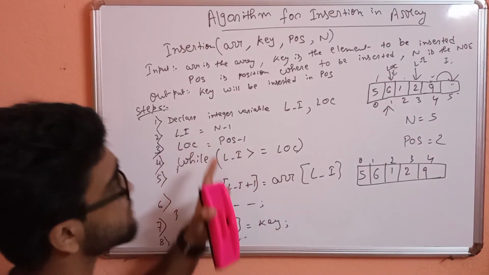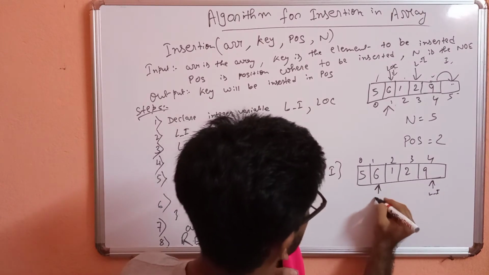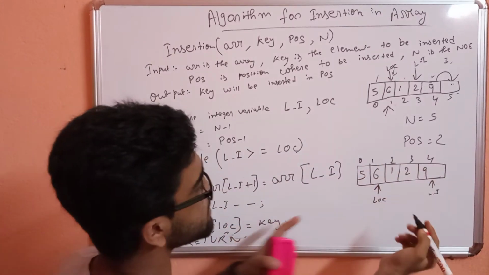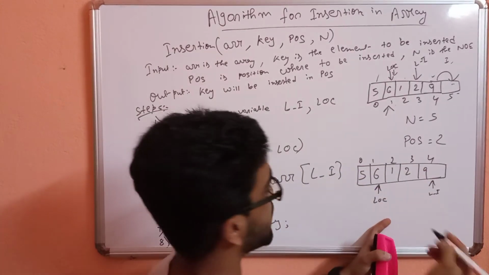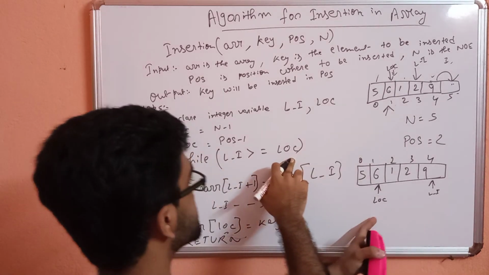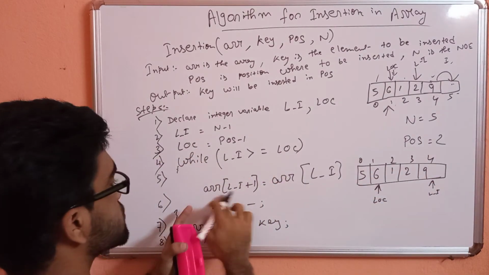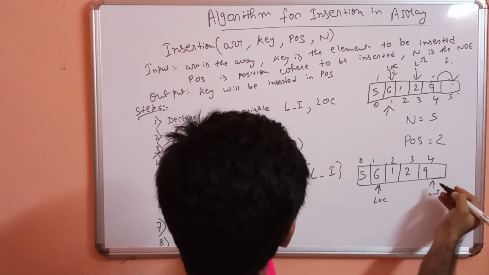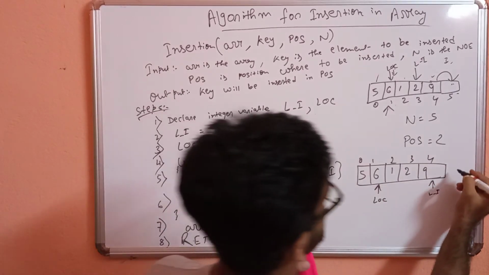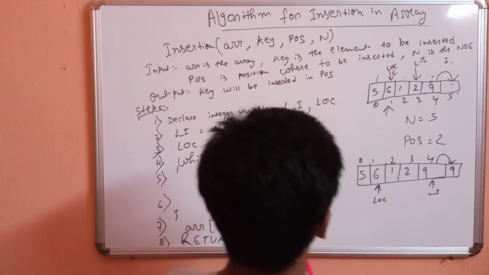First li will point here, and LOC will point here. I have told you why. Now this loop will run. Li greater than LOC, yes. Li is 4, LOC is 1. Then it will enter ARR of li plus 1. This will come here, it will be 9.